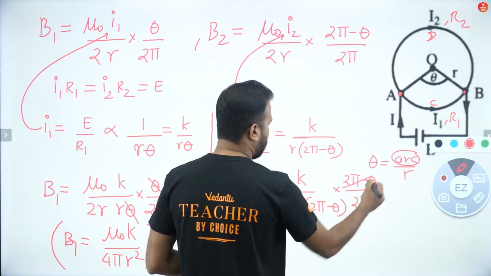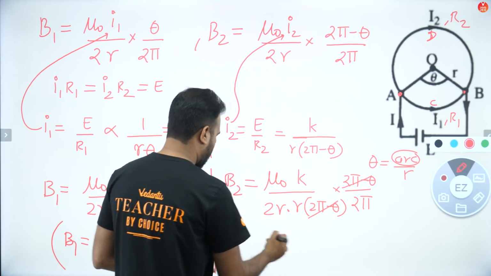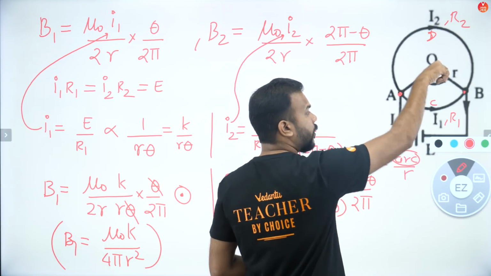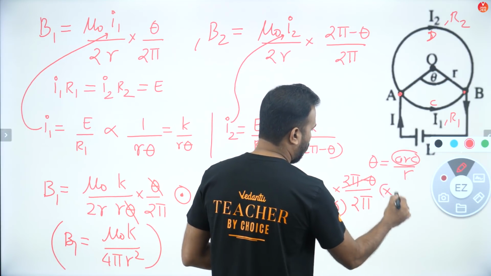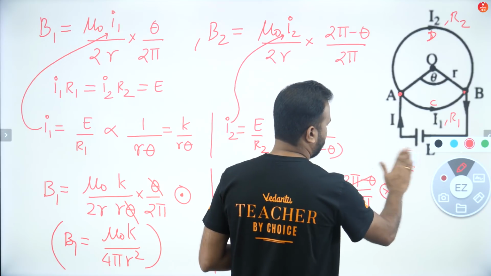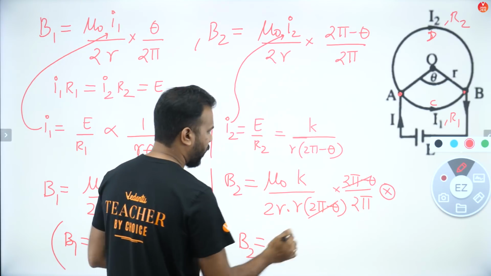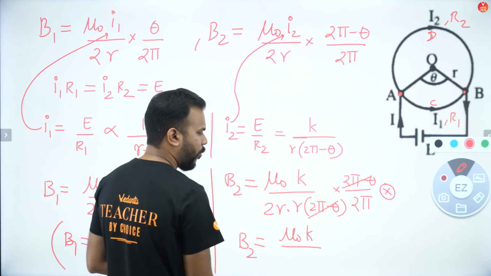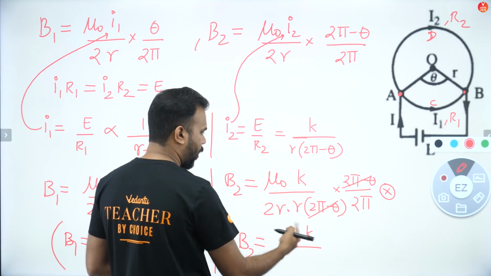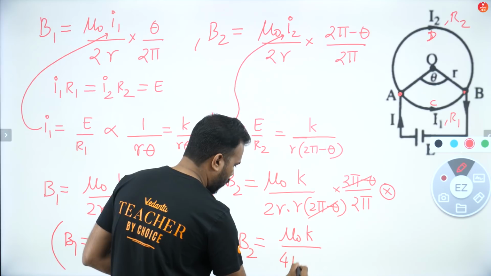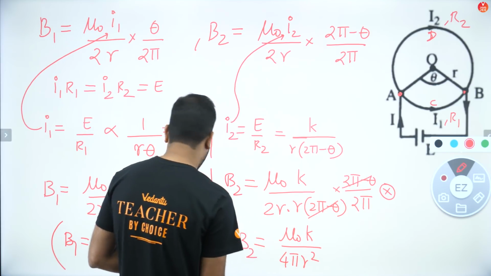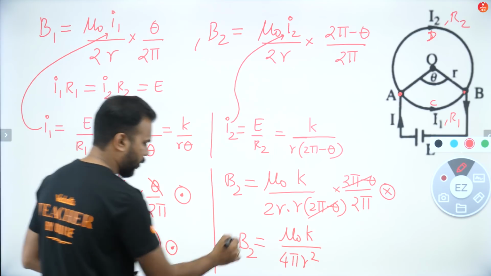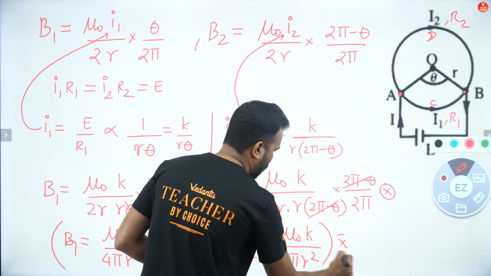You see that this 2 pi minus theta gets cancelled, and the direction of B2 is going to be inside, that means this is a cross. So what we get here is mu naught k upon 2 into 2, 4 r square pi, that means 4 pi r square, and when this vector was a dot, this one is a cross.